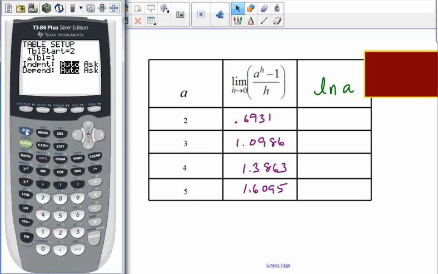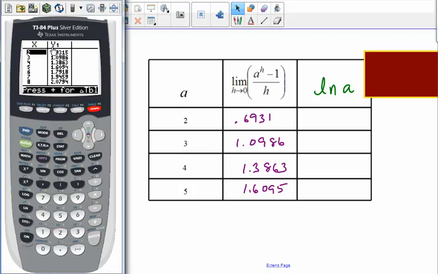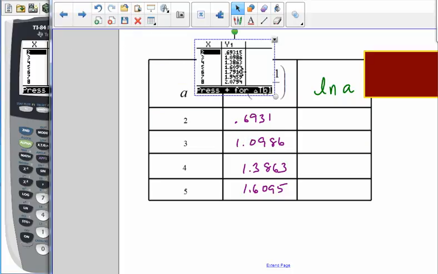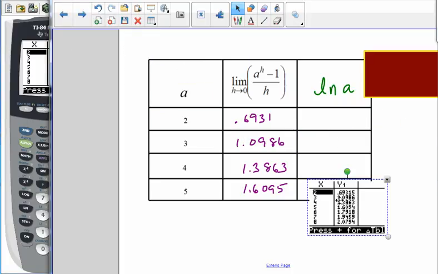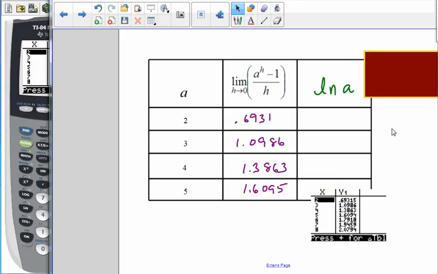Go back to auto and take a look at this. There it is. And if we look at this, you'll see that, oh look, 0.693, 1.0986, 1.3863, there it is, and 1.6095. Those are the same numbers that we see up there.